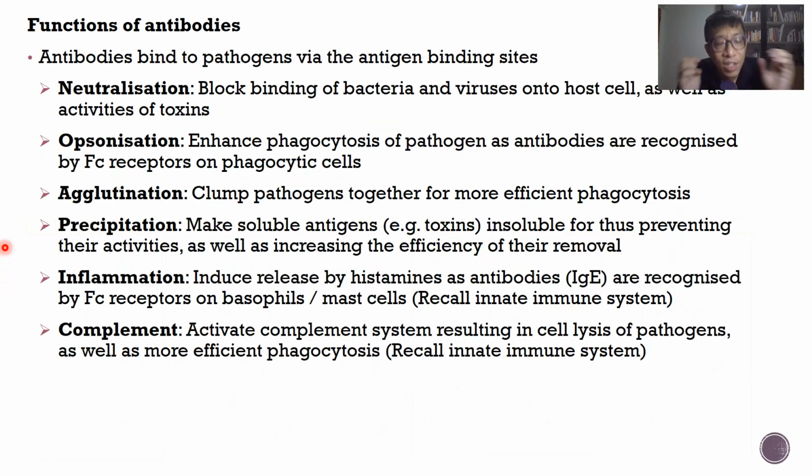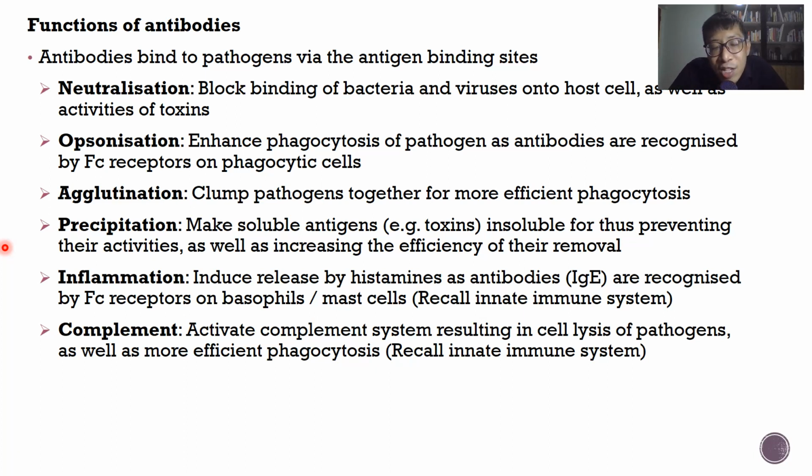All right. So next up, for the list of functions of antibodies, they basically bind to pathogens, or bind to antigens on pathogens via the antigen binding sites. And because of that, that brings about different results. So we can have neutralization to block the pathogens from infecting our cells.